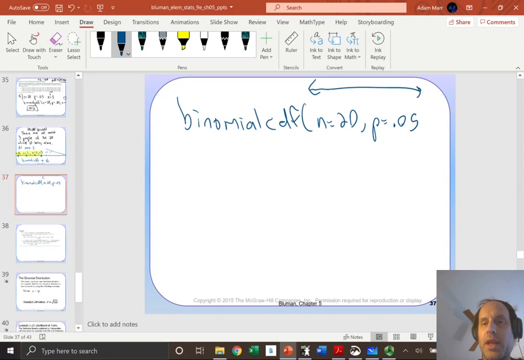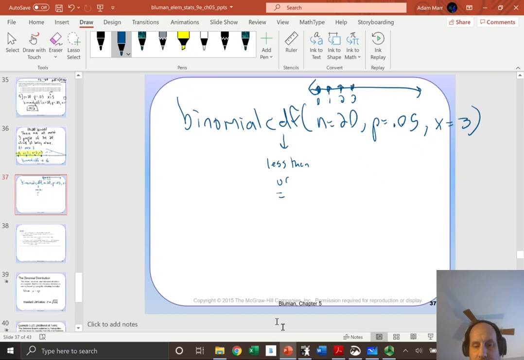There we go, it's better. We were talking specifically about 3, 2, 1, and 0 being the good. The good was 3, 2, 1, and 0. So we're going to say x equals 3 because CDF means less than or equal to. So that's what we're going to put in here.